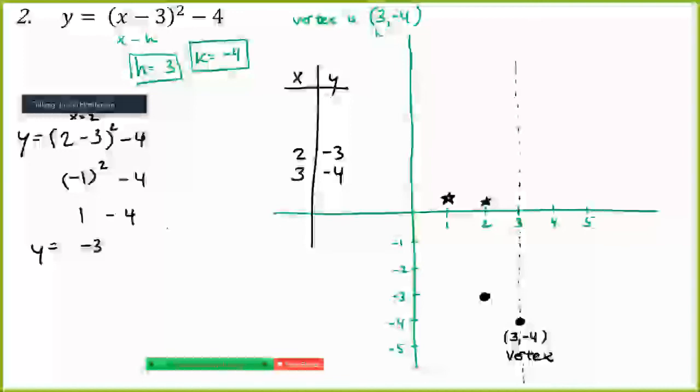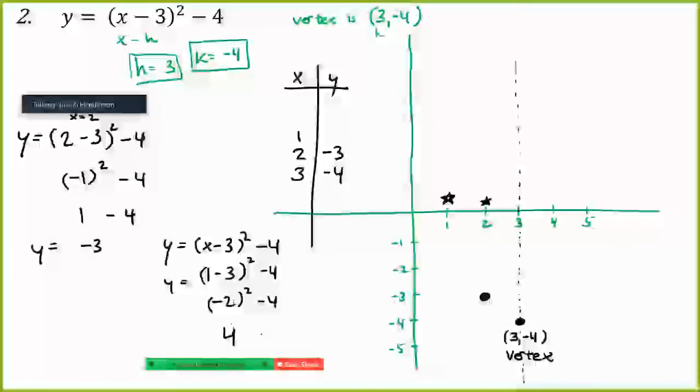And now someone said we'll plug in 1, so let's do that. Starting over. y is equal to x minus 3 squared minus 4. Let's plug in our 1. 1 minus 3 is negative 2. Okay, negative 2 squared. Well, 2 times 2 is 4. Negative times a negative is positive.